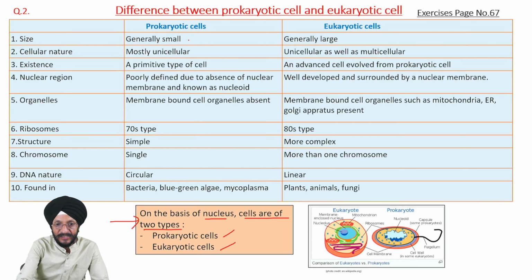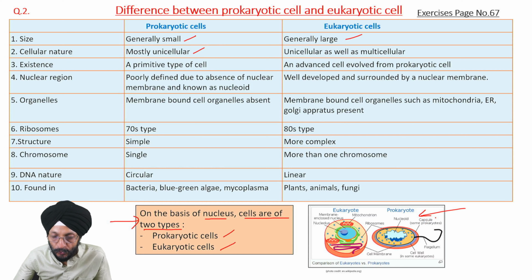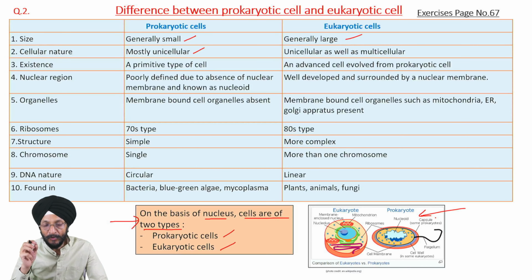Prokaryotic cells are generally small in size. This is the prokaryotic cell. Eukaryotic cells are generally large in size. Cellular nature: prokaryotic cells are mostly unicellular. Unicellular means prokaryotic organisms are mostly single-celled organisms.